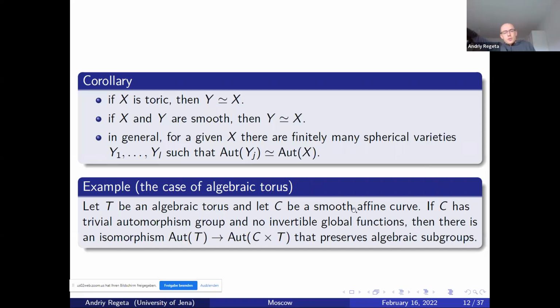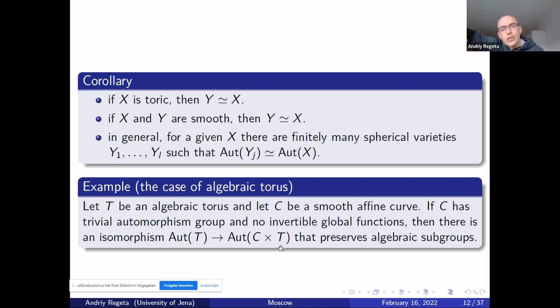You see, if you would take any other spherical variety, which is different from T, then this would not be possible. The reason is, if you put instead of T here X, then X admits a G action.